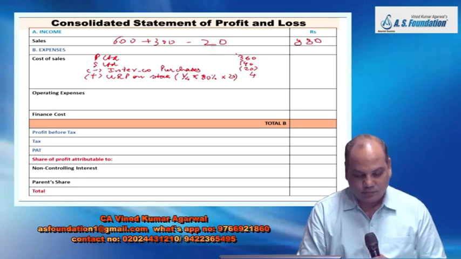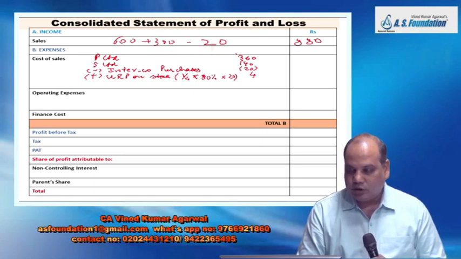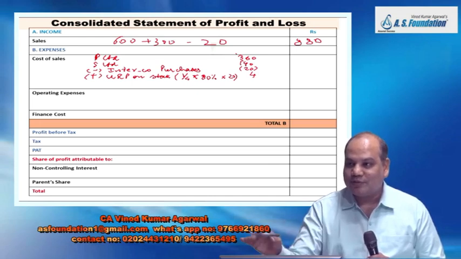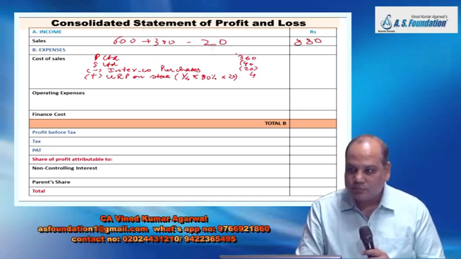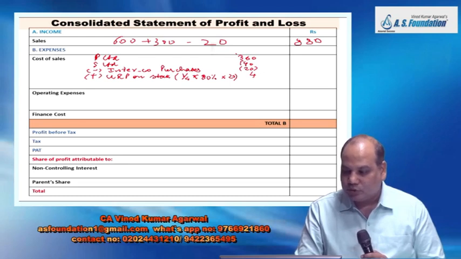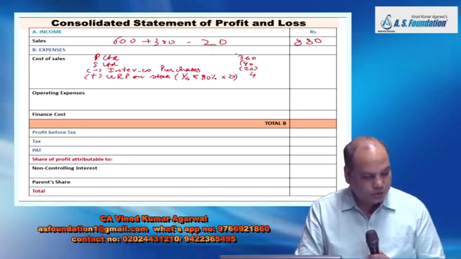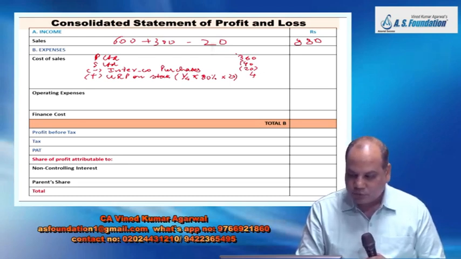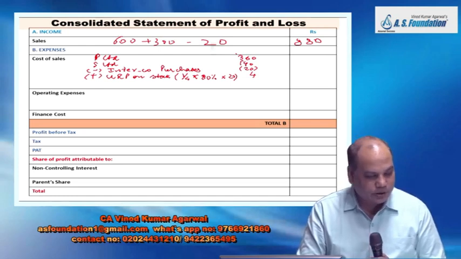Add. Why add? Cost of sale will go up. If you remove the unrealized profit on the stock, closing stock will go down. If closing stock goes down, cost of sale goes up, right? So plus, no problem. This is my cost of sale. Don't take the total, one more adjustment will come. Gross profit will not be calculated.